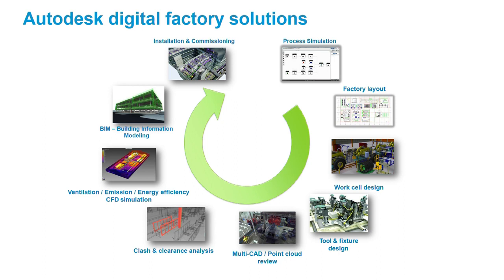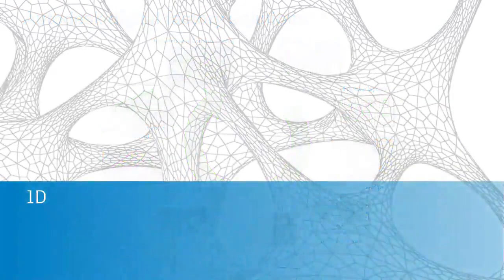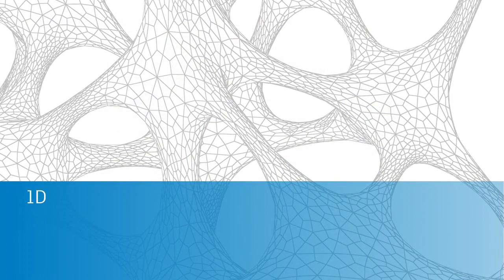Retail space, supermarkets, so where should I put the shelves, the freezer, and so on, exhibit booths as well, and also shipbuilders, for shipboard compartment layout. So the name can be misleading, factory, but you can use these utilities also if you don't design a factory. And again, the 1D to 4D workflow is not mandatory.